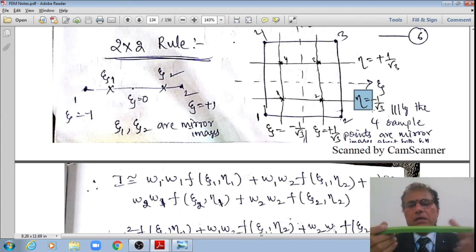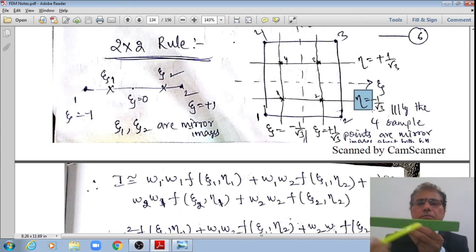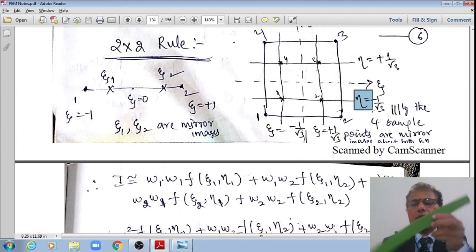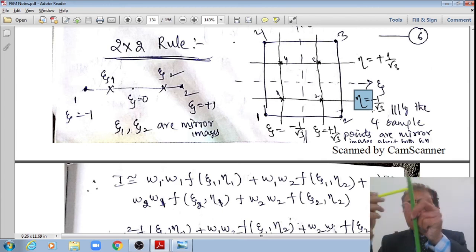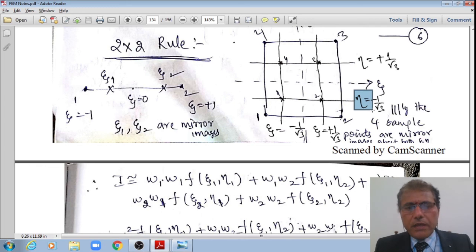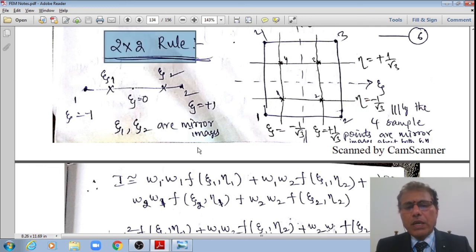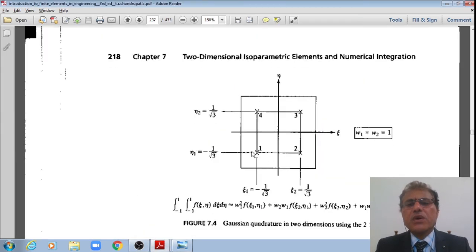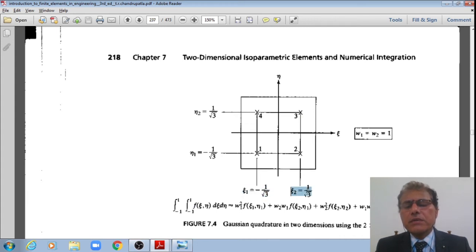That is how along the xi direction, xi1, xi2, along the eta direction, eta1, eta2, right? Then I'll call this the 2 by 2 rule, students. That is how xi1 is equal to minus 1 by root 3, xi2 is equal to plus 1 by root 3, eta1 is equal to minus 1 by root 3, eta2 is equal to plus 1 by root 3, right?